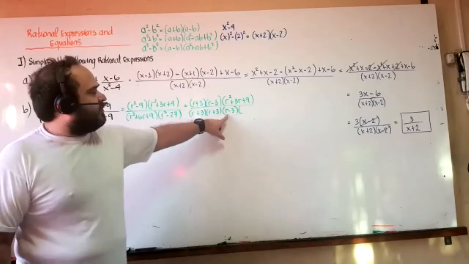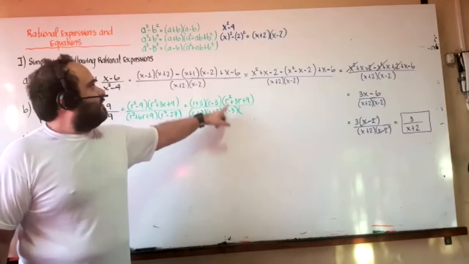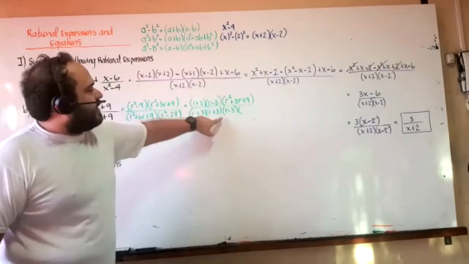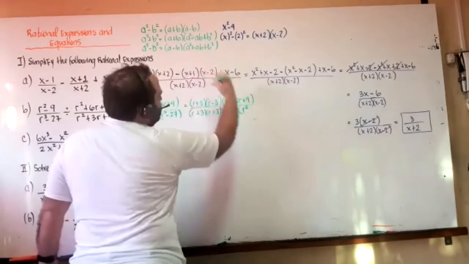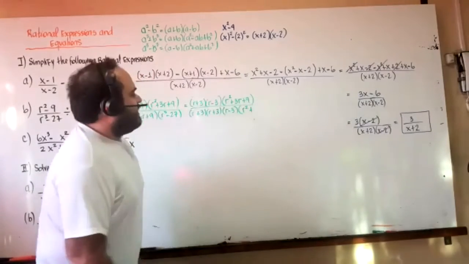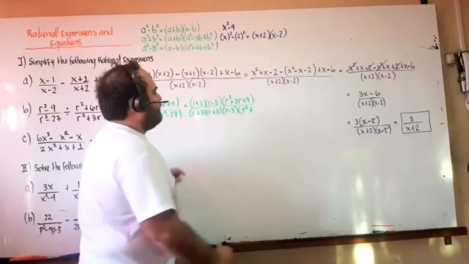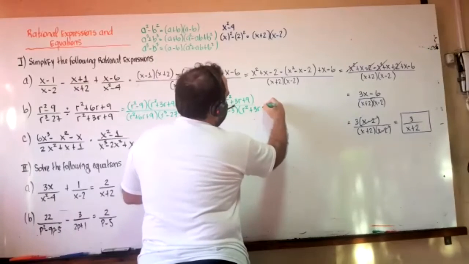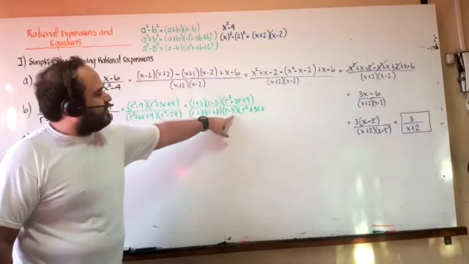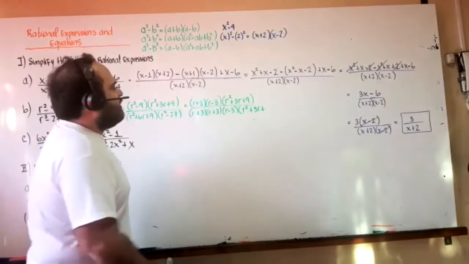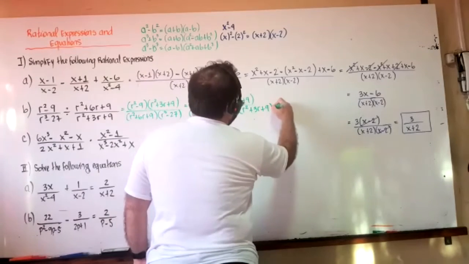Remember, r will be a and 3 will be b. Okay, a squared, I mean r squared, plus ab, I mean r times 3 will be 3r, plus the last one, the number 3 elevated to the second power, which will be 9.